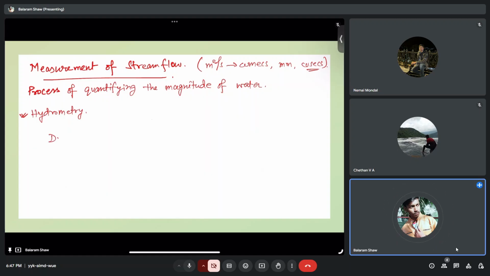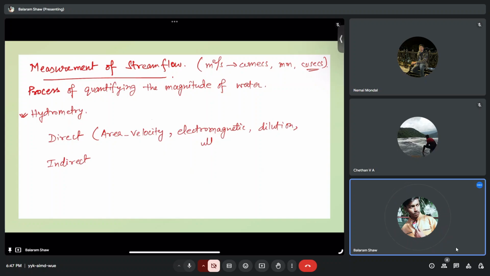Okay, so it can be classified into direct methods and indirect methods. Direct methods are the area velocity method. Then we have the electromagnetic method. Then we have dilution techniques.